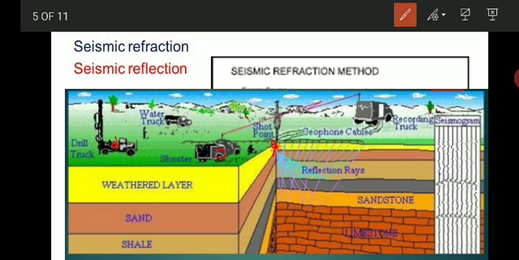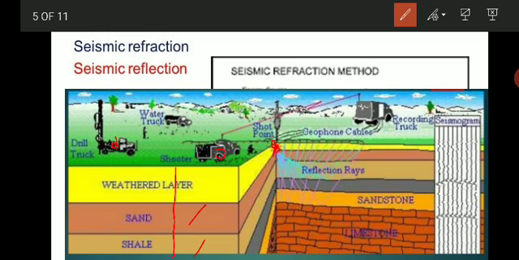This is the shoot point wherein a shock is artificially generated, and these are the different rock materials present below the ground. Topmost is the weathered rock, then sand, shale, then limestone, sandstone. All these are different rock formations present below the ground.